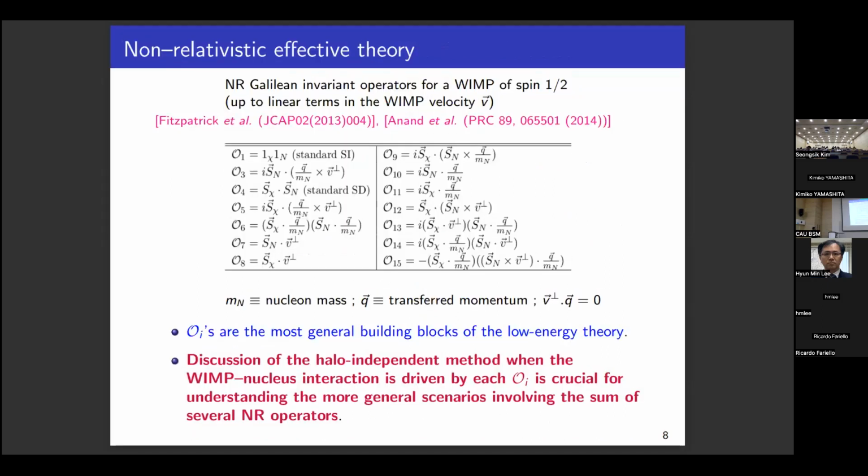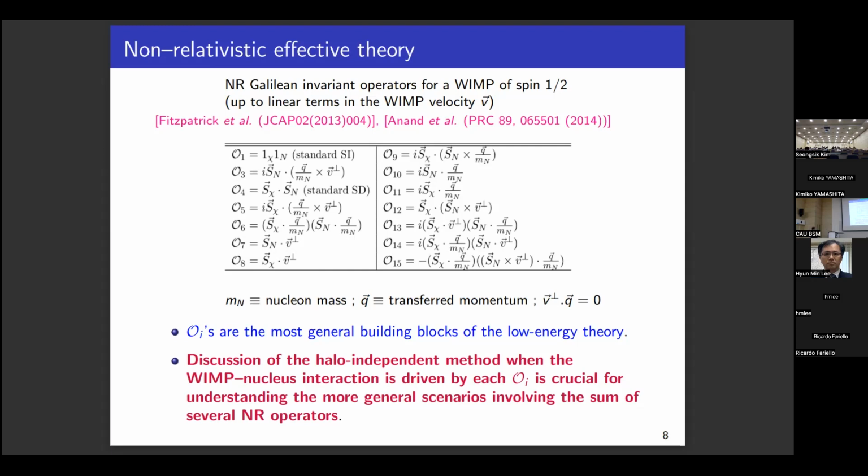So the non-relativistic Galilean invariant operators for a WIMP of spin half are 14 in total, which are expressed up to the linear terms in the incoming WIMP velocity. This list is for all these operators, where operator O1 is basically the standard spin-independent operator, and operator O4 is the standard spin-dependent operator.